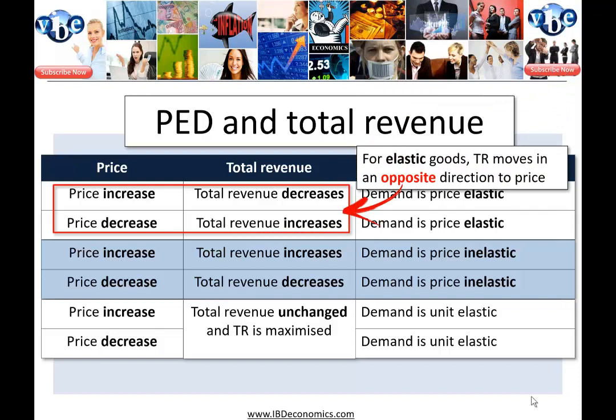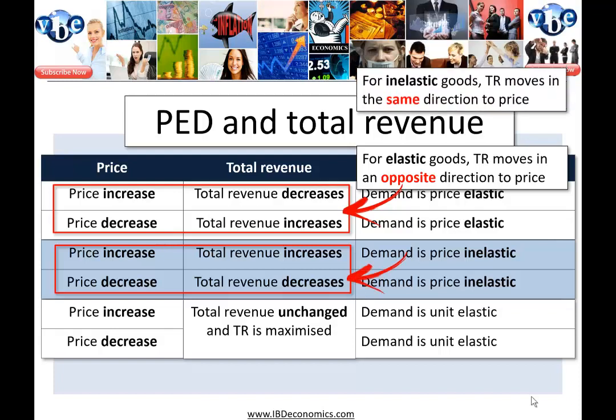Okay, so for elastic goods, this is a good, easy way to remember all this information contained in the table. All you have to remember, for elastic goods, total revenue moves in the opposite direction to price. So price increases, total revenue decreases. Price decrease, total revenue increases. They move in the opposite direction for elastic goods.